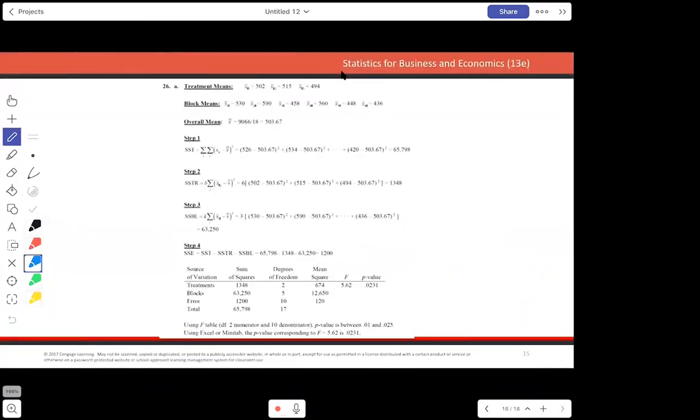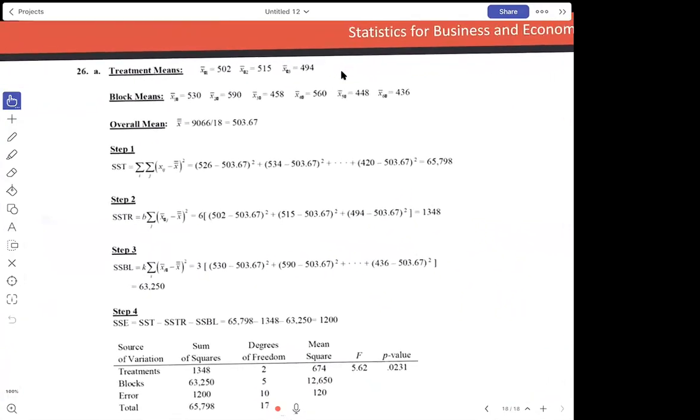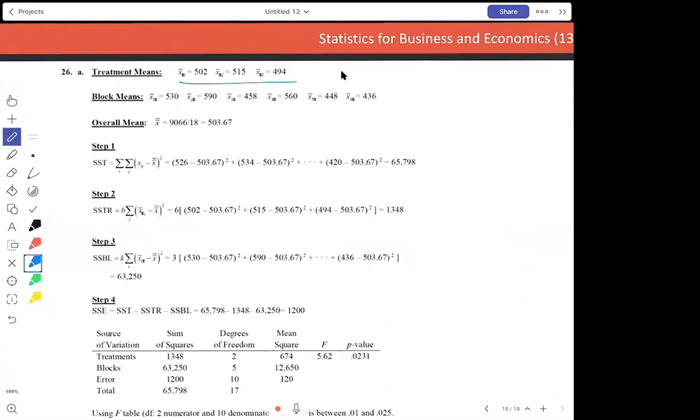So I have the treatment means, so I calculate the X bar for each of the treatments, and that's here. Then take the block means. There are 6, not cars, individuals, students. Here are their scores, the overall X double bar, and then we calculate SST overall for the 18 values.